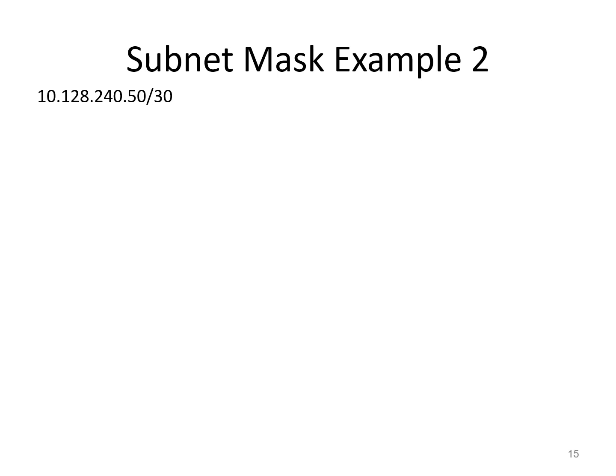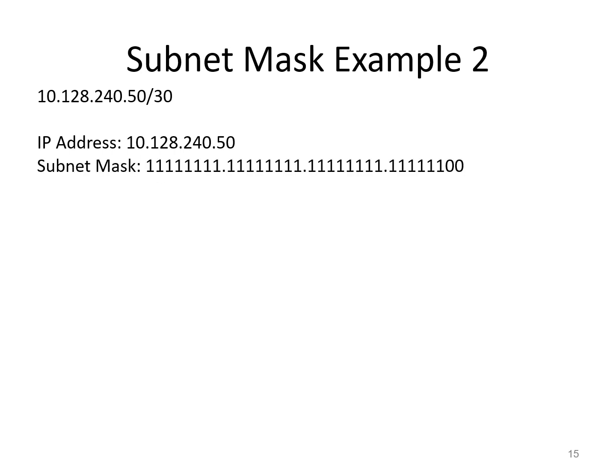Let's look at another example. This time, let's start with the CIDR representation of 10.128.240.50/30. The IP address we are looking at is thus 10.128.240.50. We see from the CIDR notation that the subnet mask has 30 bits, so this gives us the binary subnet mask that is shown. Remember that the /30 tells us that we are using 30 bits for this subnet mask.